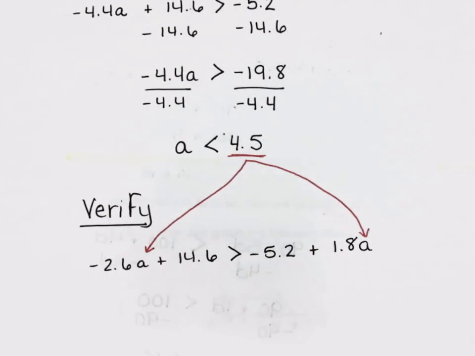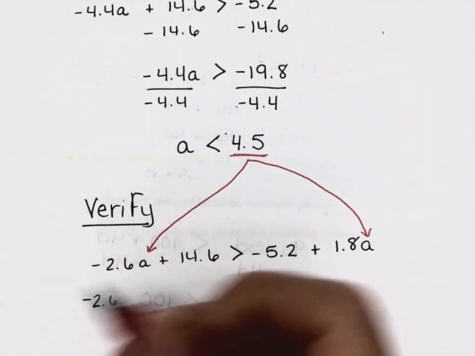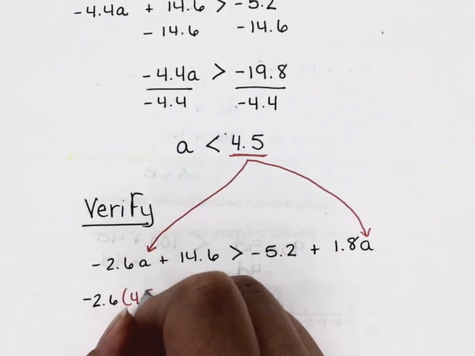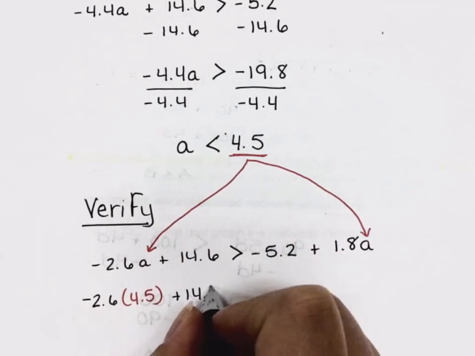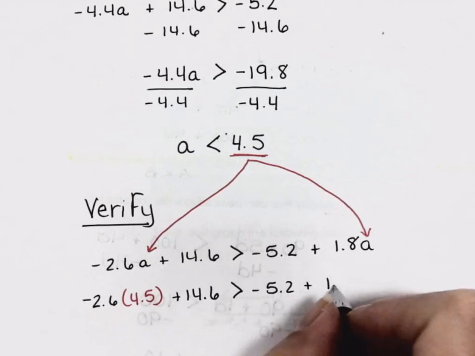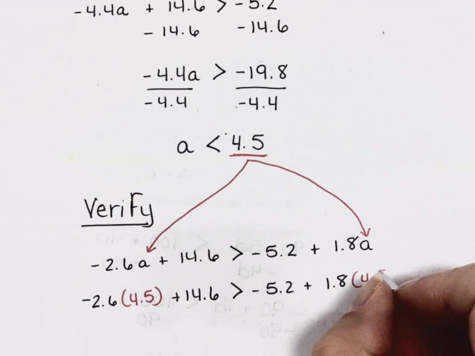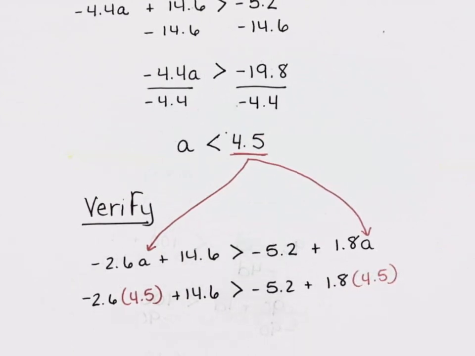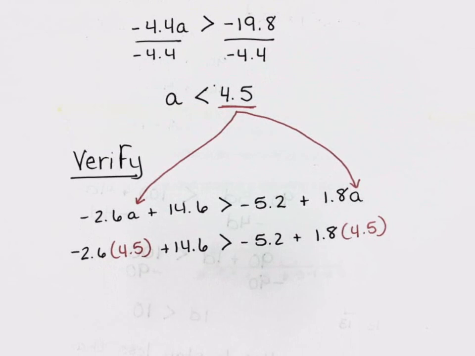This is how we verify things. We're going to take negative 2.6 and multiply that by 4.5, and we're going to check to see if the left-hand side is greater than the right-hand side.